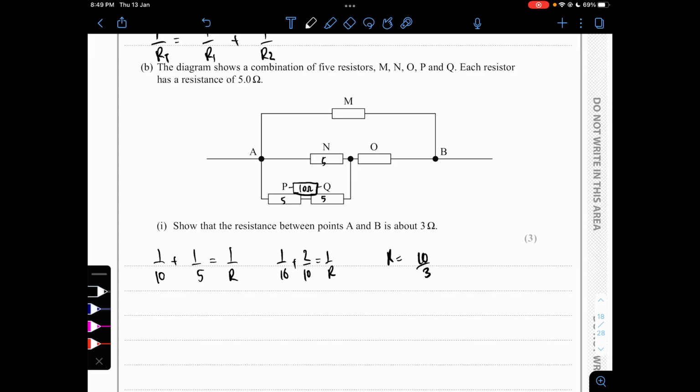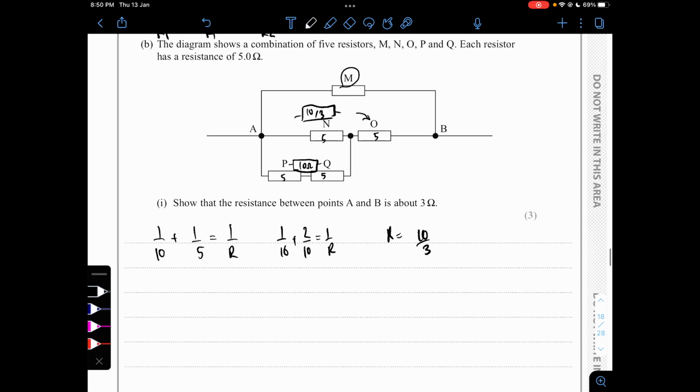Okay, so instead of N, P and Q, we have 10 over 3 ohms. This is also 5, so we have to add this and this resistor so we can make it in parallel with this resistor. So that would be 10 over 3 plus 5, which is 25 over 3. So N and O combine to get 25 over 3 ohms.